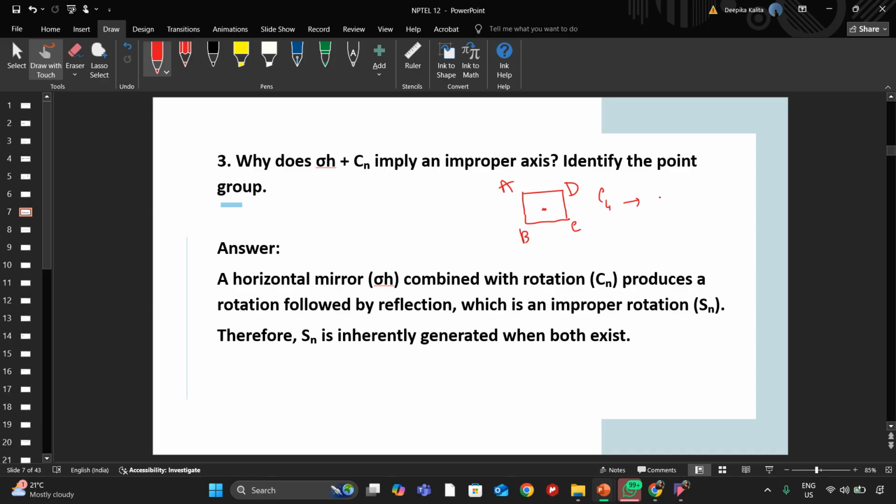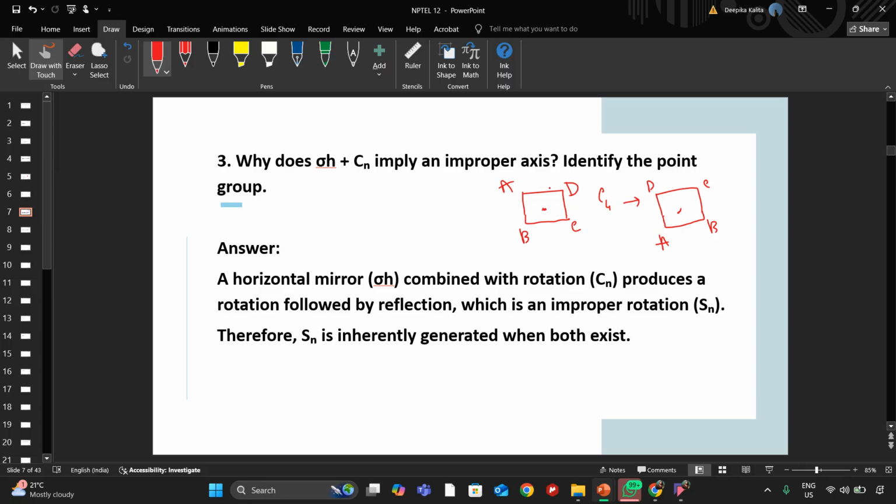In that case, we are going to get this alignment of the molecular points.